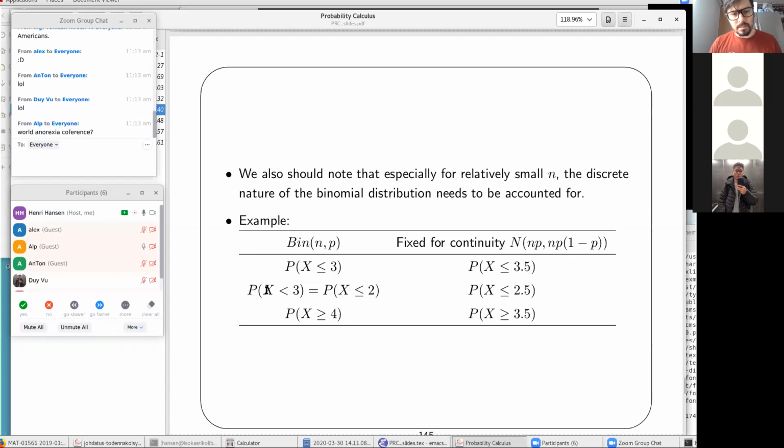So if you make the mistake of thinking x smaller than 3 and x smaller than or equal to 3 are the same, then you run the risk of having too much error in your approximation. So you should approximate it to those values that, when rounded, result in the values that you are actually dealing with. And when rounding upwards, the same thing. All right, is this clear? Good.